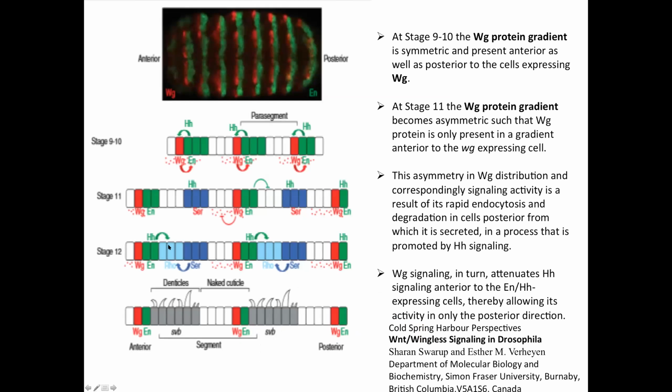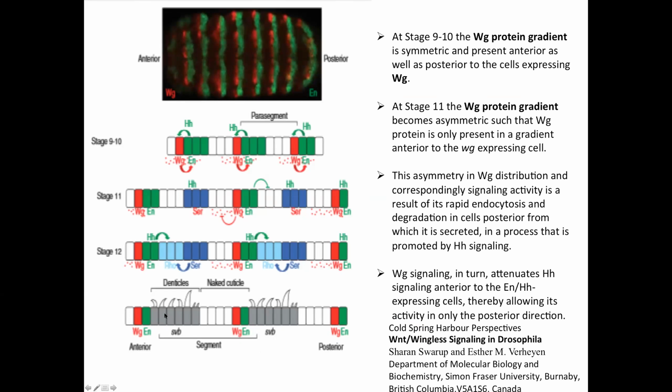So hedgehog signaling cells will activate EGFR signaling. EGFR-based signaling will result in some of these bristle patterns, whereas Rho is an EGFR ligand.